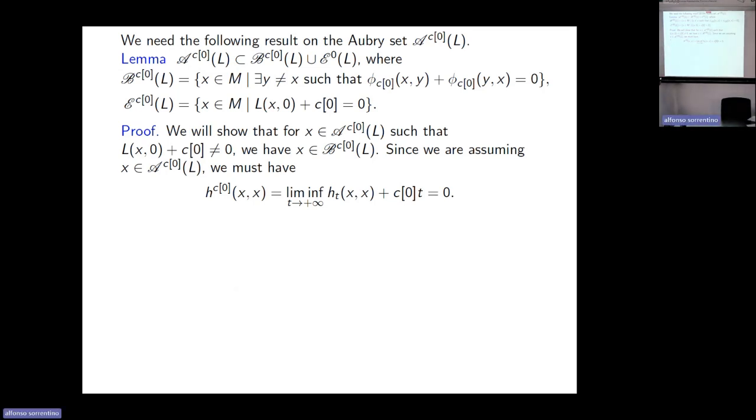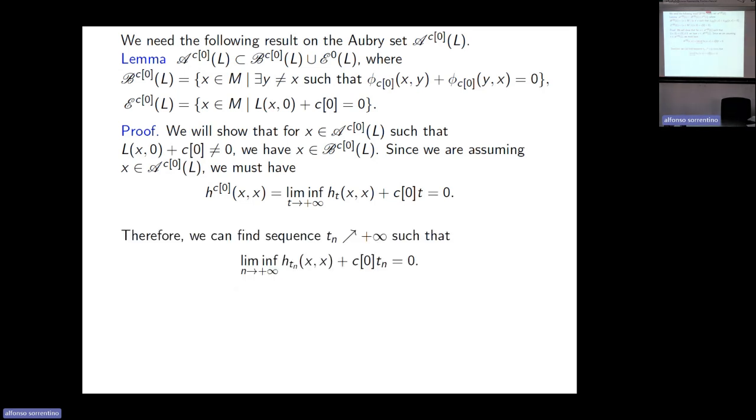Now, because we are assuming x is in the Aubry set, we have h_c0(x, x), which is the limit as t goes to infinity of h_t(x, x) + c0 t, is 0. Therefore, I can find a sequence t_n increasing strictly to plus infinity such that the lim inf of h_tn(x, x) + c0 tn is 0.